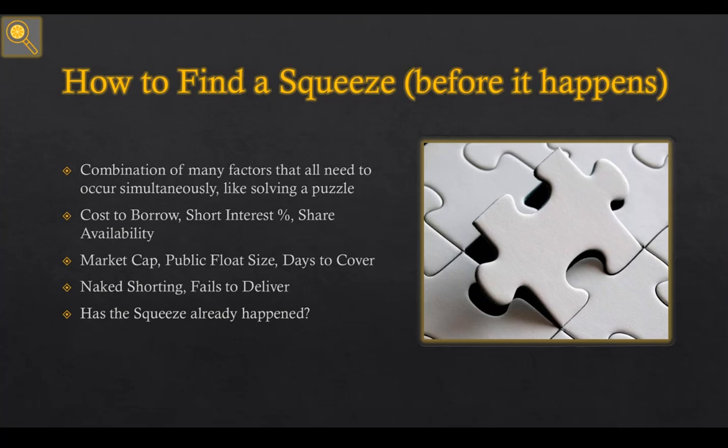I keep that stuff updated every 30 minutes on the website because share availability changes a lot throughout the day. And the best case there that we're looking for is when a stock has 0 shares left to borrow. We can see that data changing throughout the day.